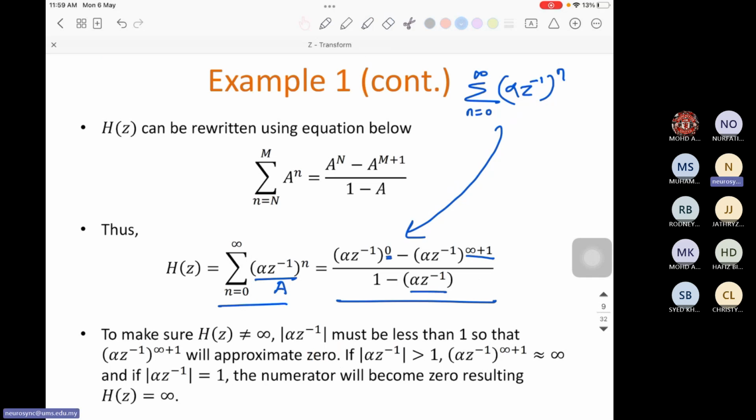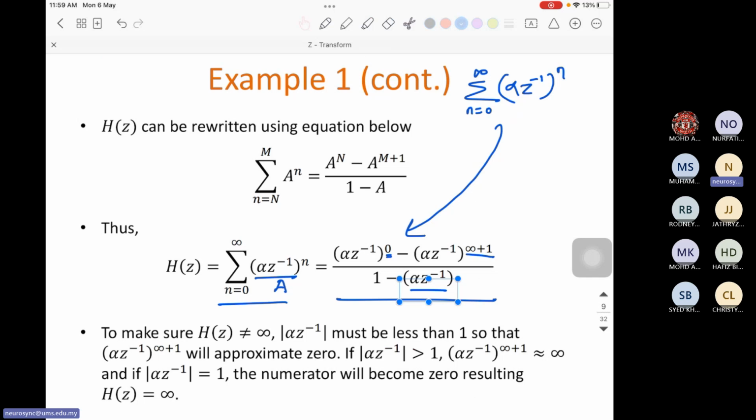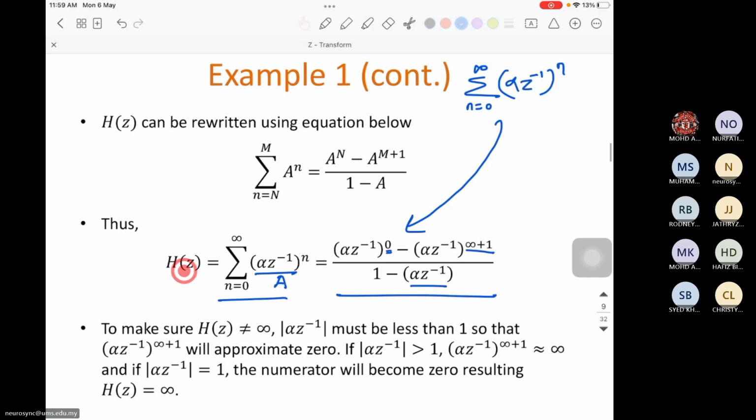Now, if this value is greater than 1, then this term to the power infinity plus 1 will be equal to infinity, which makes H of z again infinity.